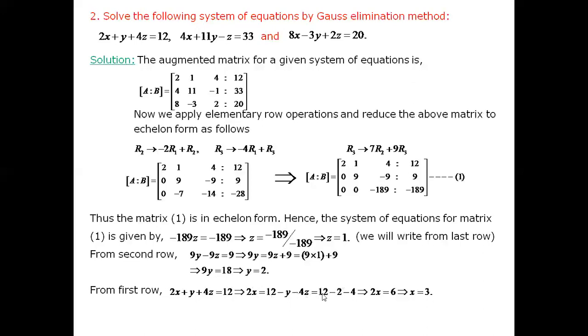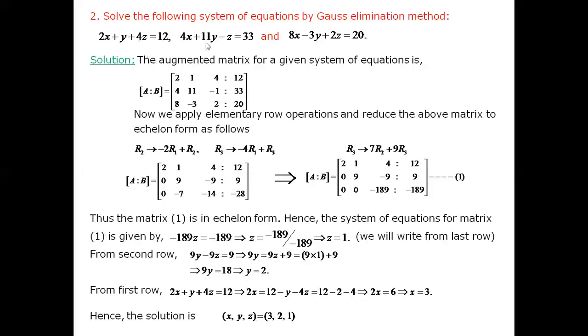So on simplification, we get 2x is equal to 6, or x is 6 by 2, which is 3. So I got the values of x, y, z. So the complete solution of the given system of linear equations is x, y, z equals 3, 2, 1.